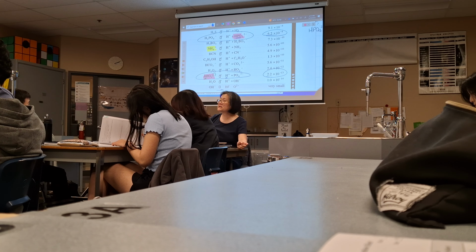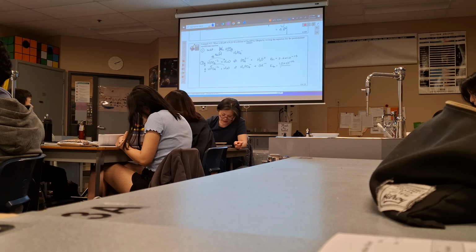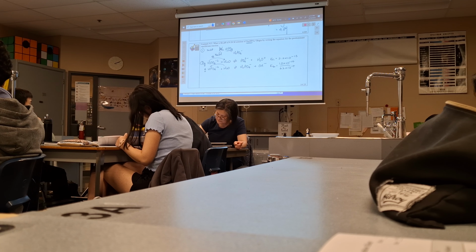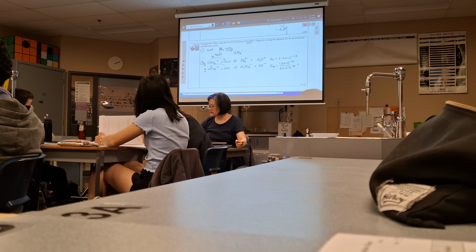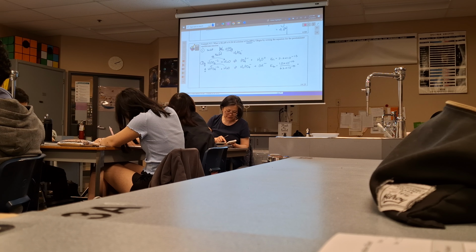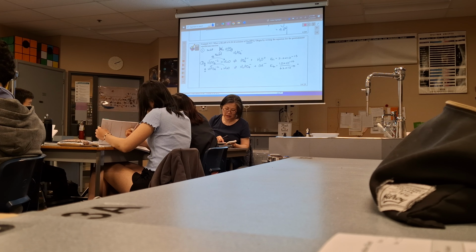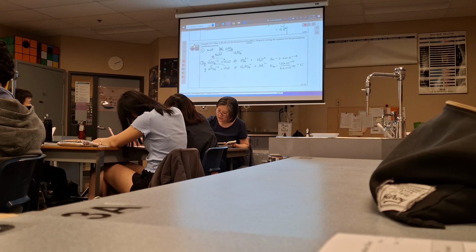So now I'm going to take that 6.2 times 10 to the minus 8, and I'm going to divide it. So in this case, I'm now going to go 1 times 10 to the power minus 14 divided by 6.2 times 10 to the minus 8. And I get 1.6 times 10 to the minus 7.